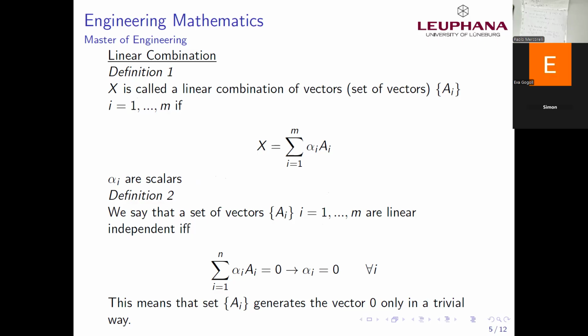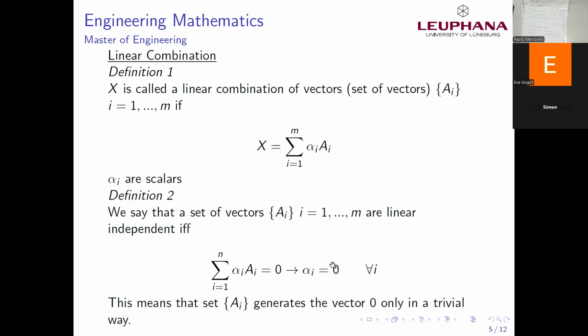We say that the set of vectors A_i with i from 1 until m, again m vectors, are linearly independent. Here I put if and only if, but it's not necessary. Inside a definition, very often we write just if.